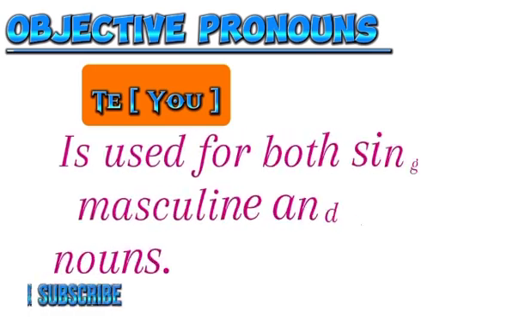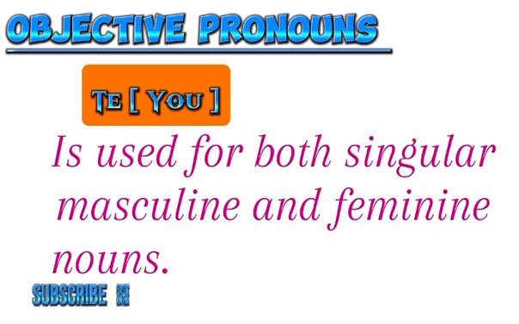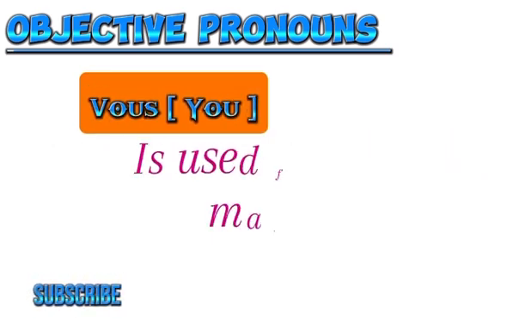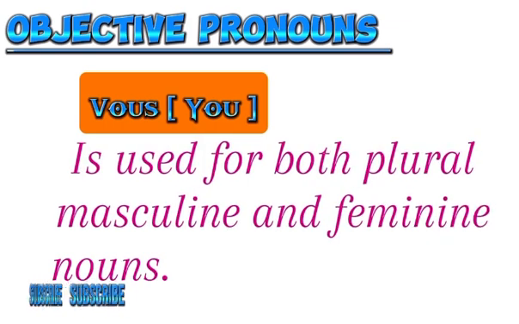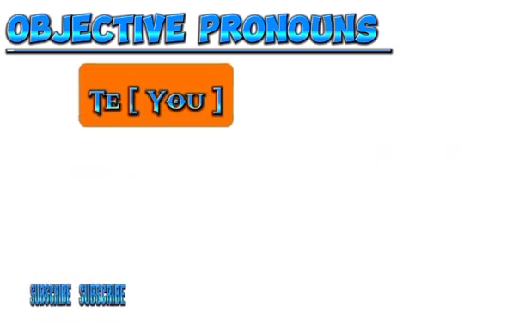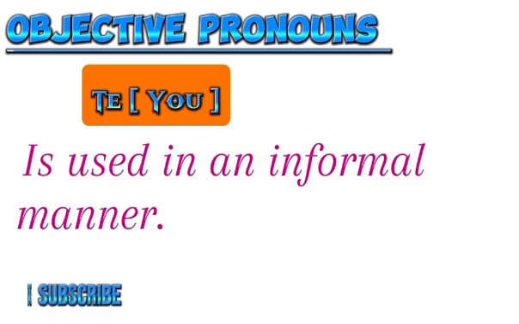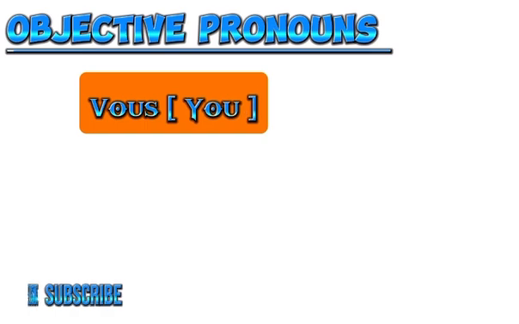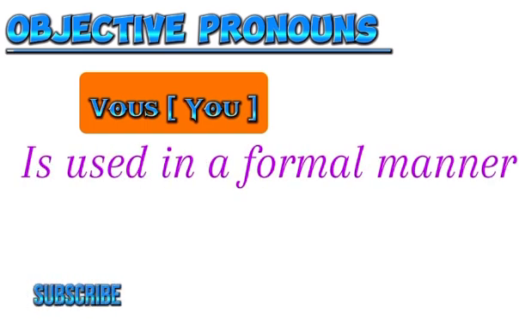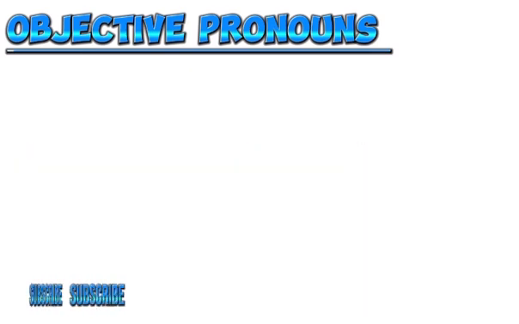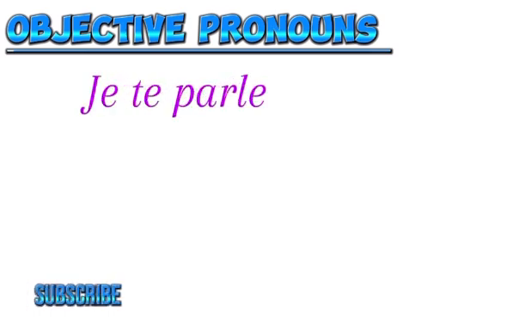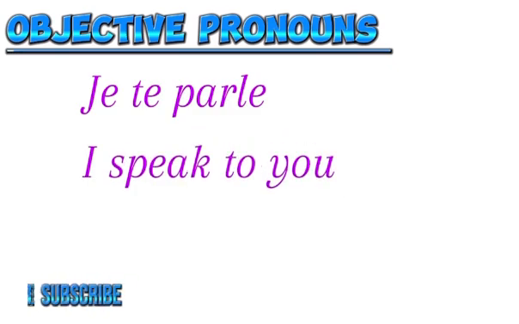Te is used for singular masculine and feminine nouns, whilst vous is used for plural masculine and feminine nouns. Also, te is used in an informal manner, whilst vous is used in a formal manner. For example, je t'ai parlé, and this means I spoke to you.